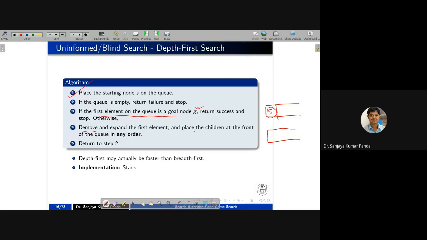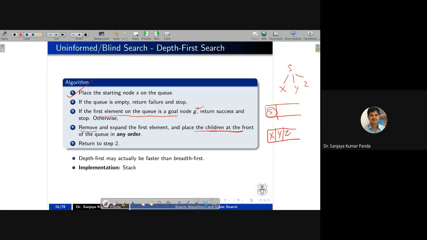Whenever you are expanding a particular node, you may get more than one element, and you have to place the children at the front of the queue. Suppose I am exploring S and I get, let's say, X, Y, Z. I'll put these children in the front of the queue. Generally, in the queue case, we add the element from the rear part.